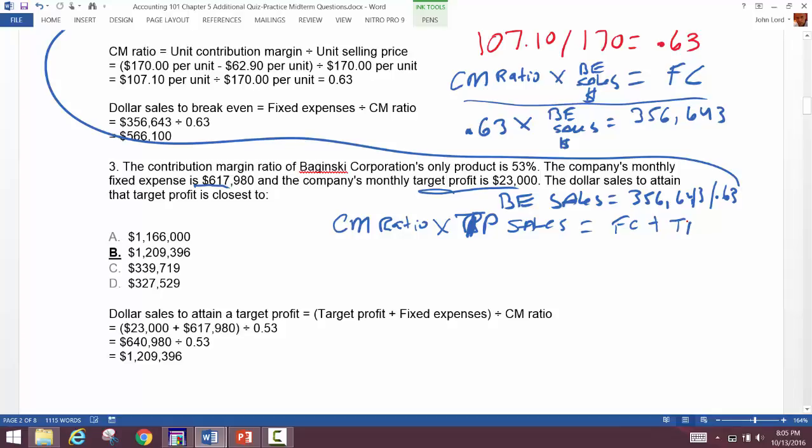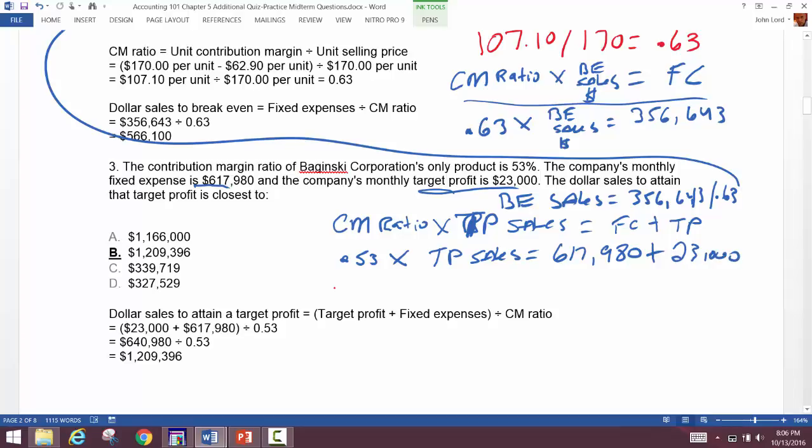Plus target profit, right? Now I just sit here and, okay, I take the information that the problem has given me. 0.53. I'm almost using a ninja approach on this thing. Just give me the information. 0.53 times what? Target profit sales got to equal, what's my fixed cost? 617,980 plus my target profit of 23,000.